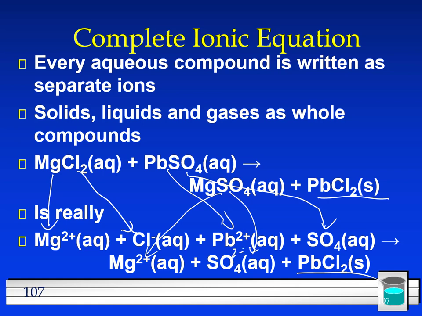Actually, if I try to type it, it goes off the screen, but there should be a 2 minus there. They all should be ions. Everybody okay with that? That's what's really in the dish. This is really what happened. If I say MgCl2, if it's dissolved, it's falling apart. There's no MgCl2. There's Mg2 pluses and there's Cl minuses. So that's the complete ionic equation.